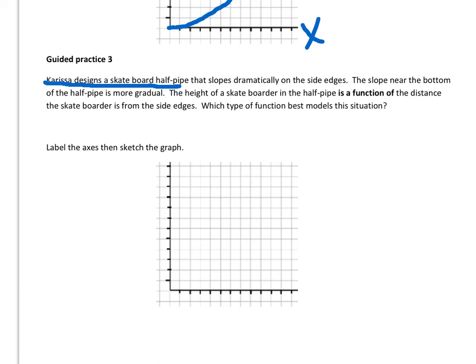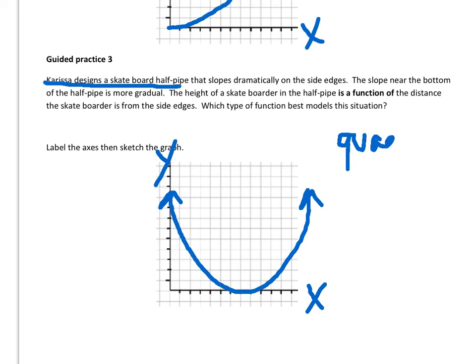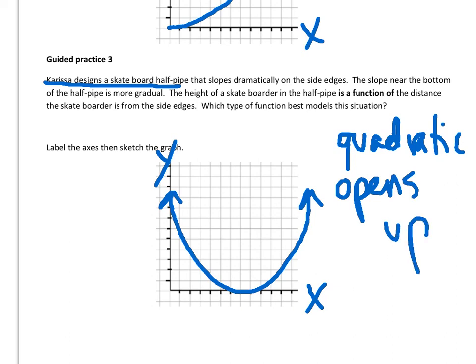So just to visualize a skateboard half pipe, we have something like this. We'll label our axes again. And this is quadratic. We'll describe this as opens up. It's kind of like a smile, right?